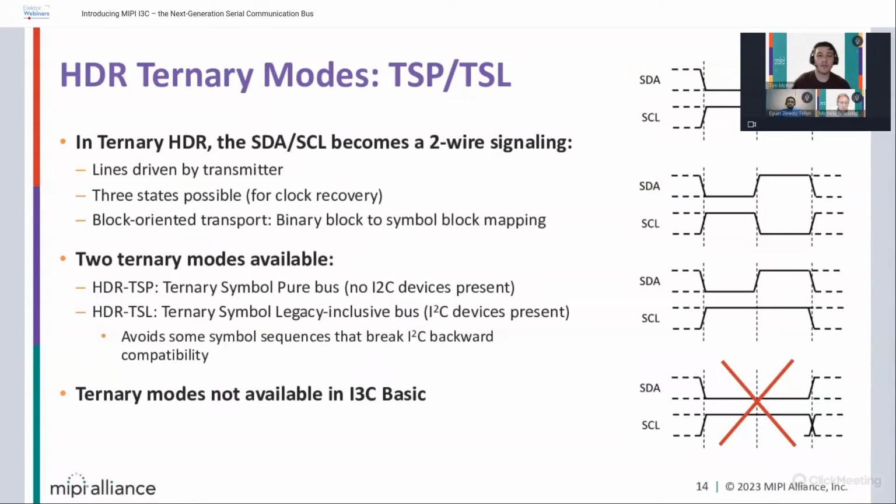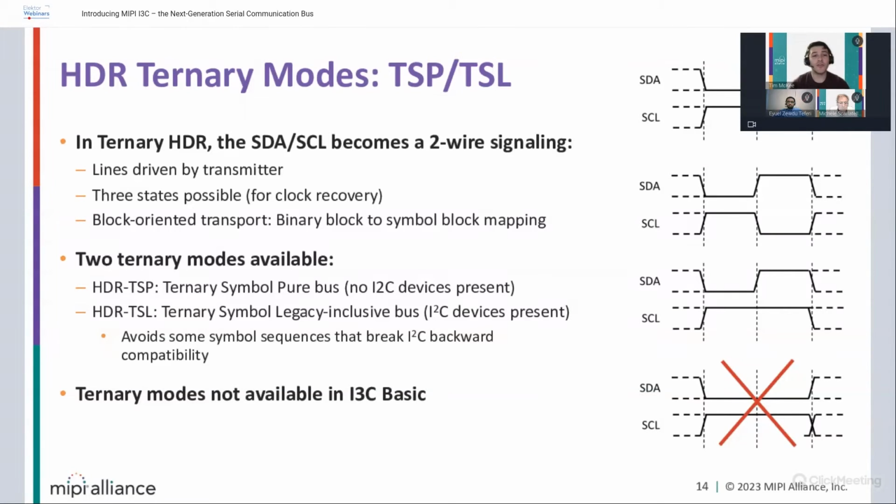The last of the HDR modes is the ternary, the TSP or TSL. With ternary, the SDA becomes a 2-wire signal. Basically, as you can see here, we have the 3 combinations on the right side with the SDA low, SCL triangling high to low, and then the various other combinations. Those 3 states are possible, and this is once again more of a block-oriented transport.